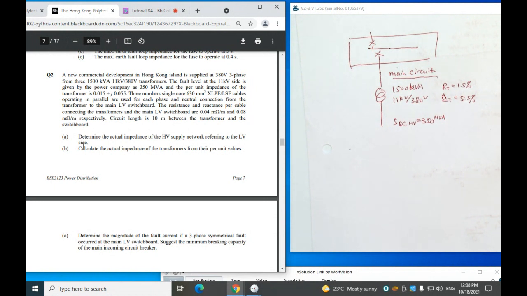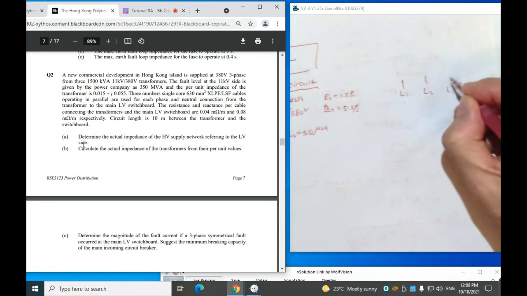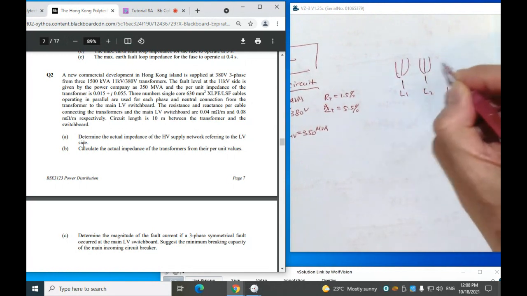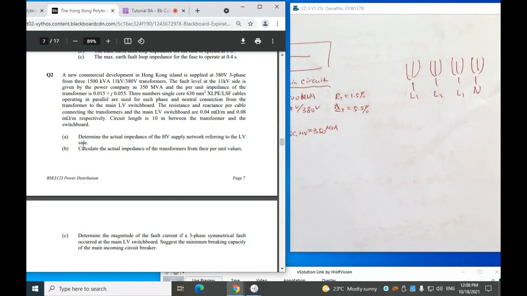But in this case, for each phase we have 3 single core cables. Let's say this is L1, L2, L3, neutral, so here we have 3 cables for the connection between the switchboard and the transformer.